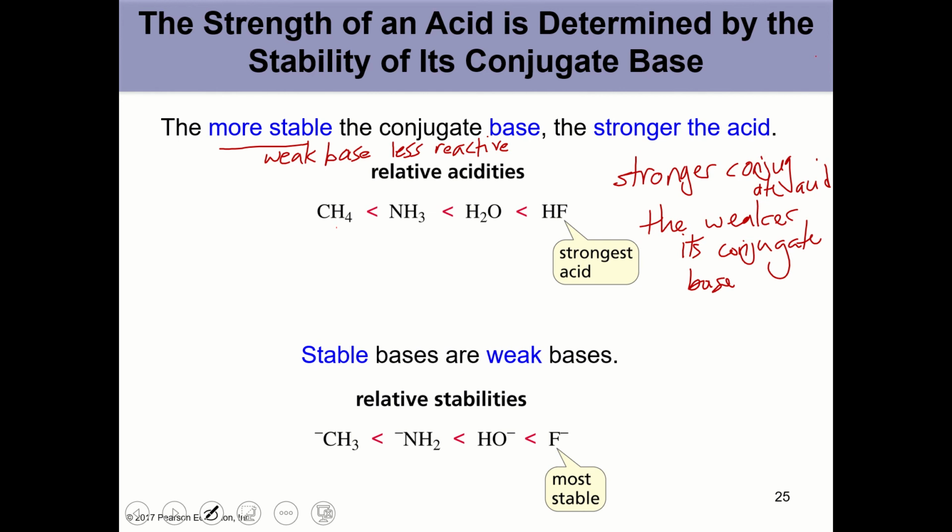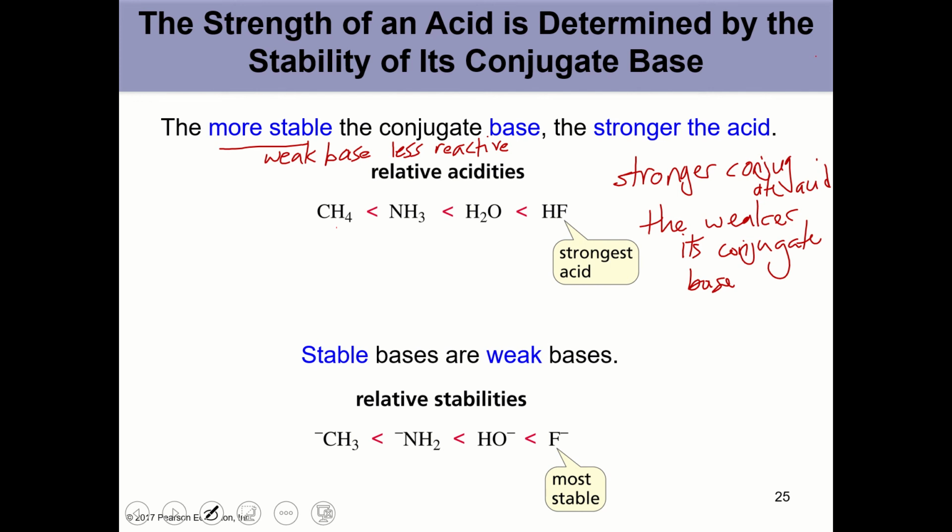So for example, you shouldn't compare phosphorus in row 3, group 5, to oxygen, which is in row 2, group 6. You should not compare things that change in both group number and row number on the periodic table when we're talking about acid and base strength.